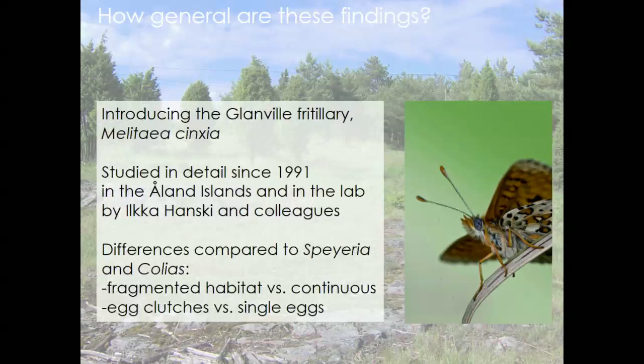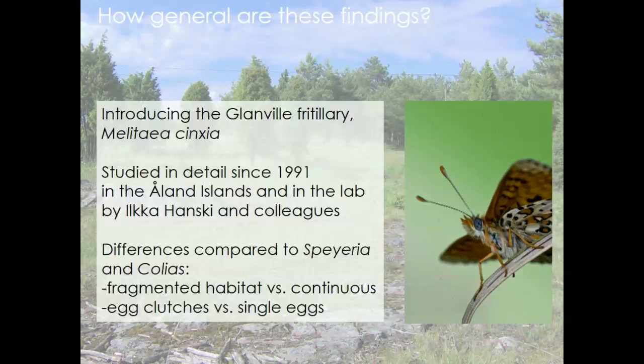So I wanted to know how general these findings really are, and translated these same questions to another study system, the Glanville fritillary butterfly study system, which has been studied by Ilkka Hanski and colleagues in Finland. And obviously, these butterflies are distant relatives, and there are many differences in their life histories and the places where they live.